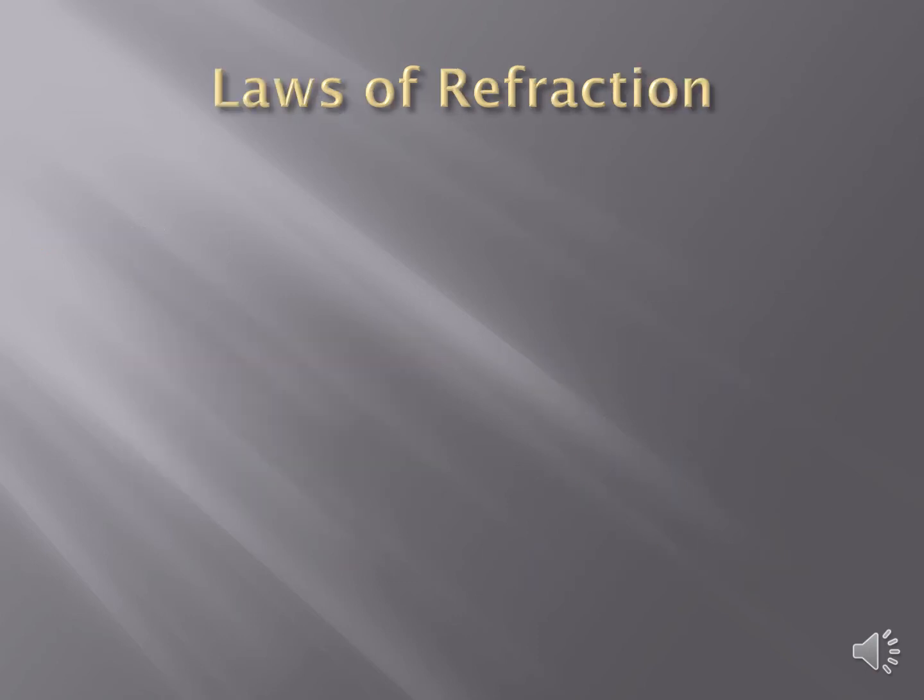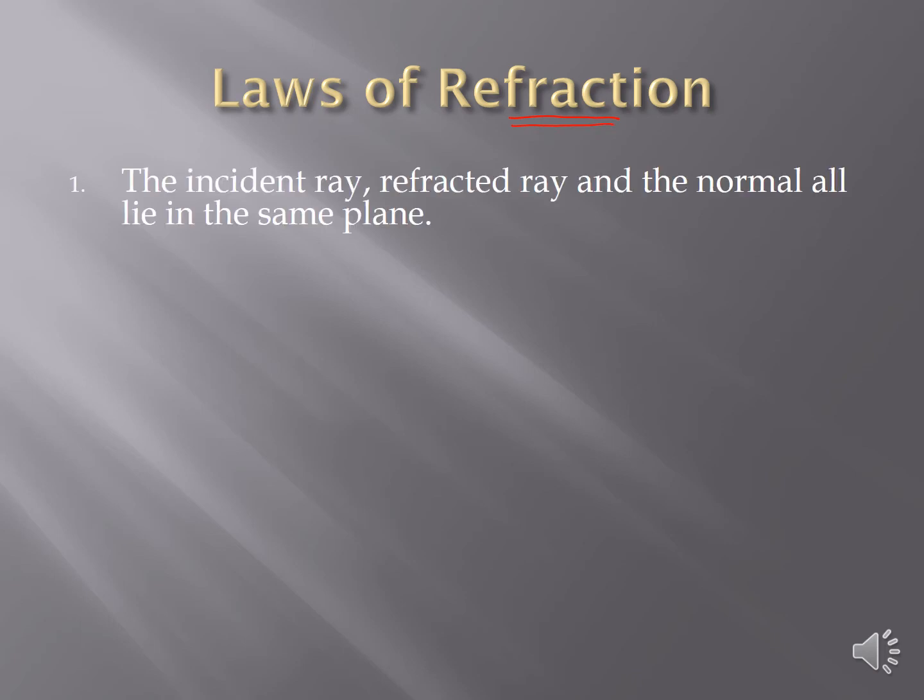Laws of refraction, and I'm emphasizing the words so that we don't confuse them with reflection, but they are very similar. The first law of refraction says that the incident ray, the refracted ray, and the normal all lie in the same plane.